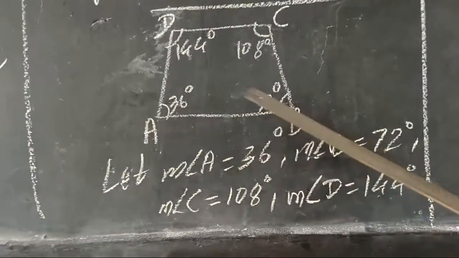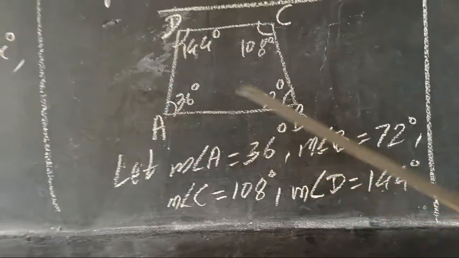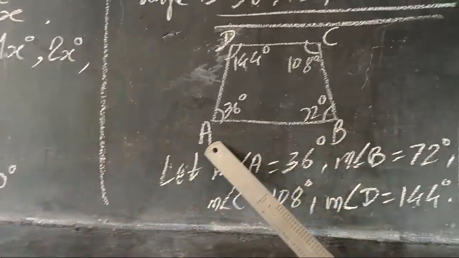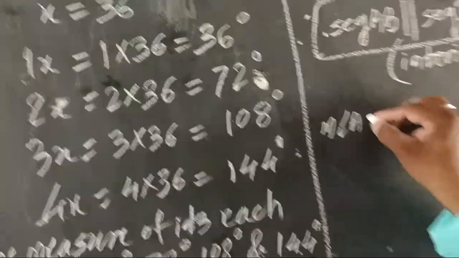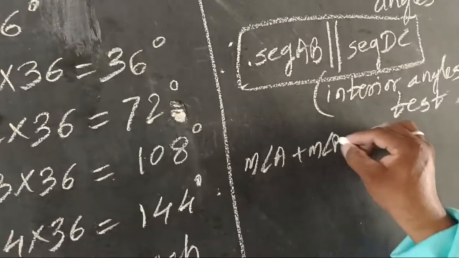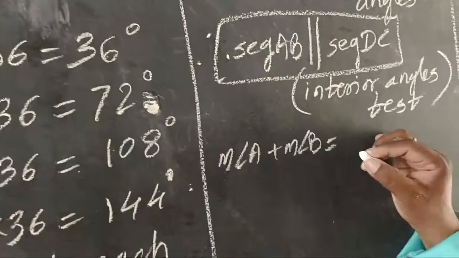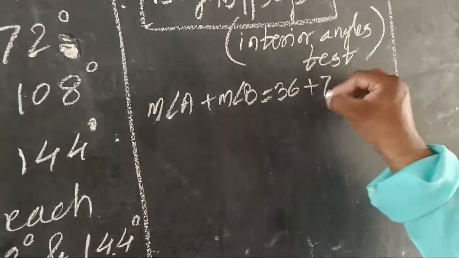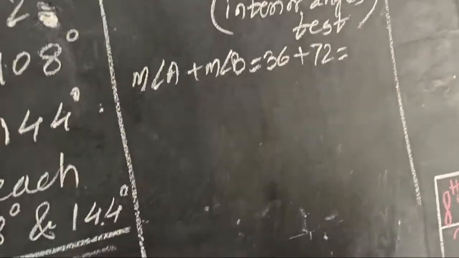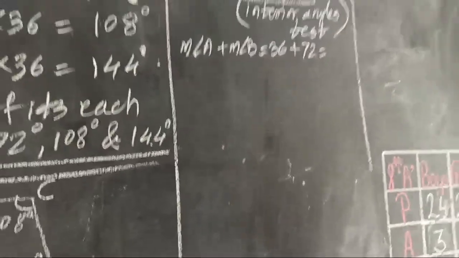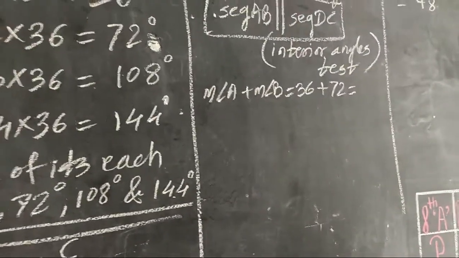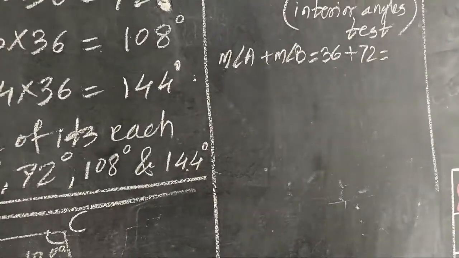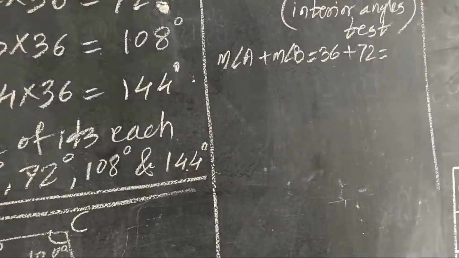Add the angles on this transversal: measure of angle A plus measure of angle B. Angle A is 36 and angle B is 72. Add these two numbers.